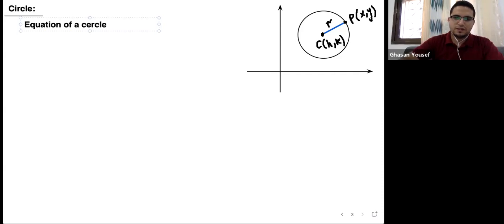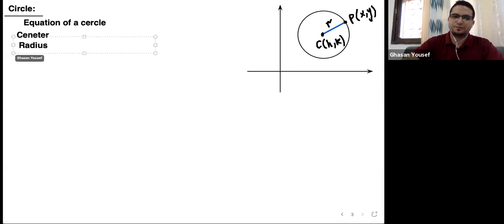The equation of the circle, we need the equation of the circle first of all. So we need two things. The first one is the center of the circle, called C. And also we need the radius.